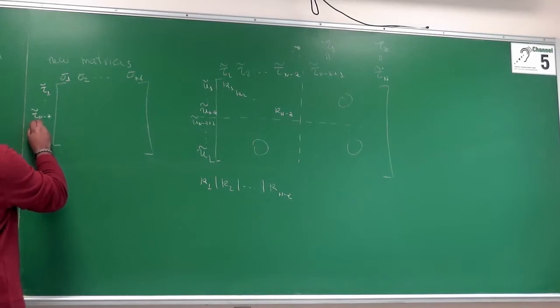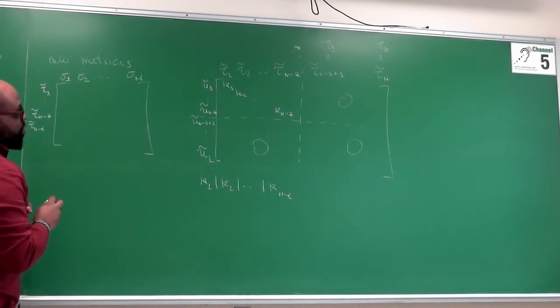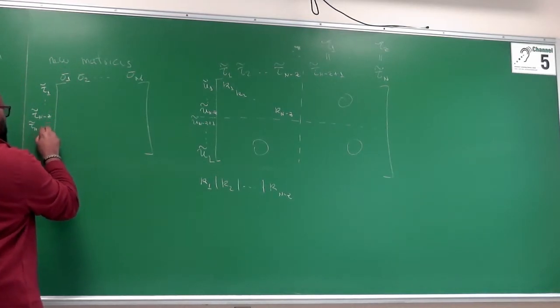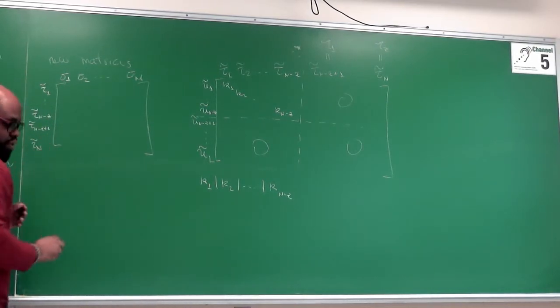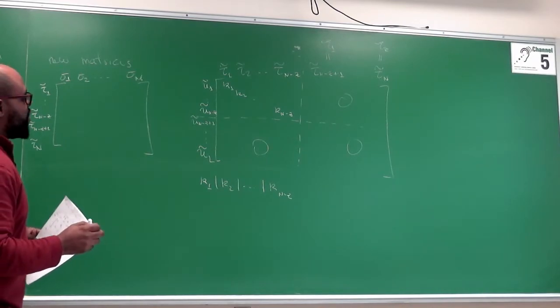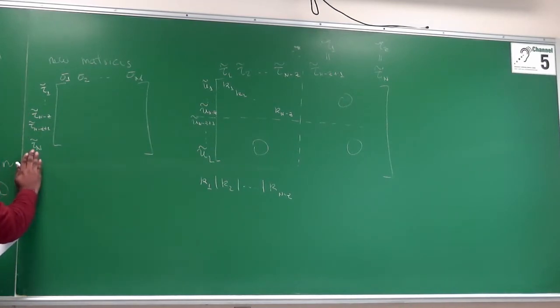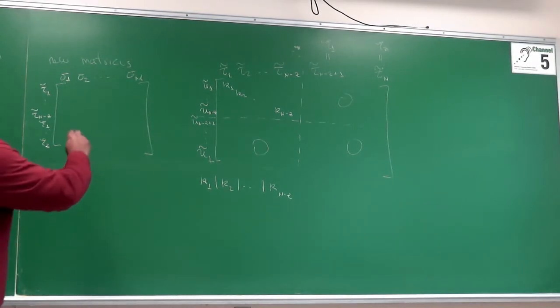Here we get tau n-z+1. You know what? I'm going to change these for the zetas. Okay, so zeta 1 through zeta z. And here's the thing to notice.